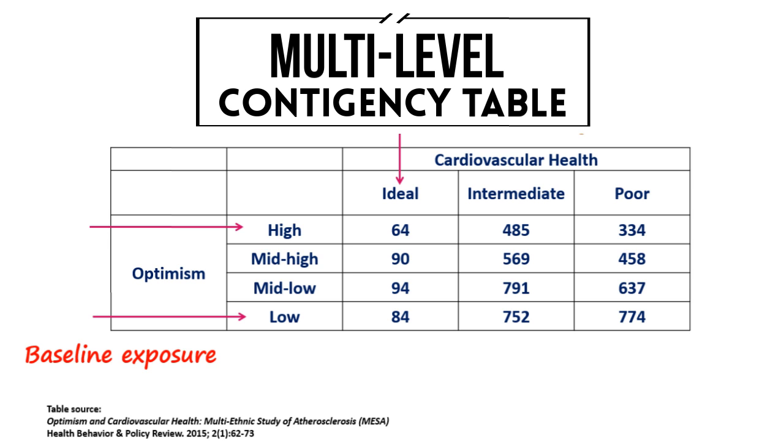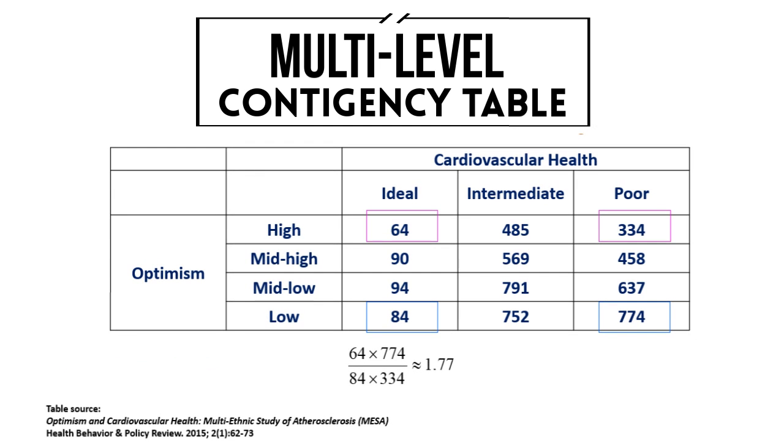The essential idea is to select a 2x2 table out of the 4x3 table according to a question of interest. For example, what is the odds ratio for ideal CVH between high and low optimism? Thus, the low optimism group is the baseline exposure group. The remaining task is to choose a baseline disease group to compare with the ideal CVH.